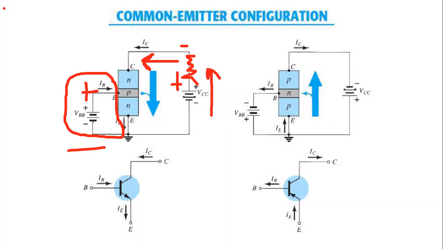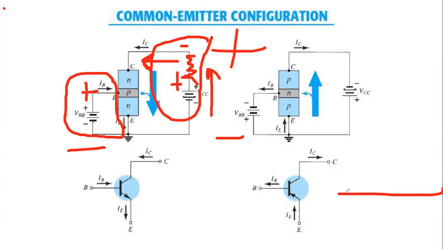If I want to calculate the output voltage, the output is across the collector and emitter, so this will be positive and this will be negative. So we get a negative voltage because of the current configuration. That's why it is a 180 degree phase shift: you give a positive input but get negative output.